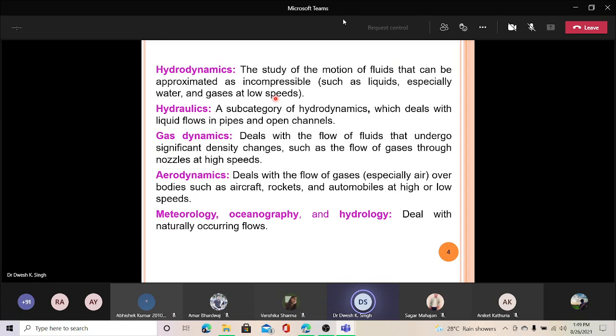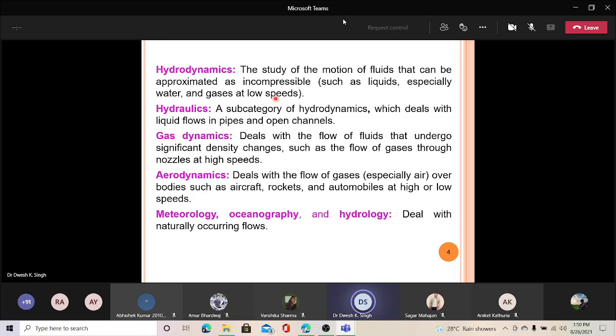Compressible basically means the density changes. When you compress anything, its density changes. So hydrodynamics means your study involves incompressible flow, meaning the density is constant, with negligible change.